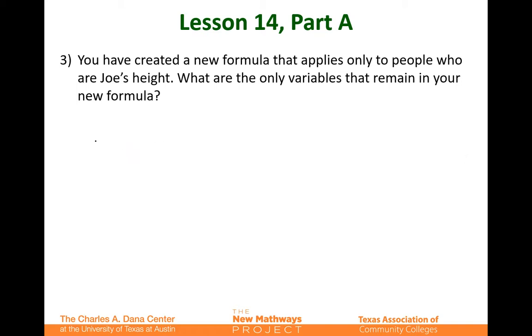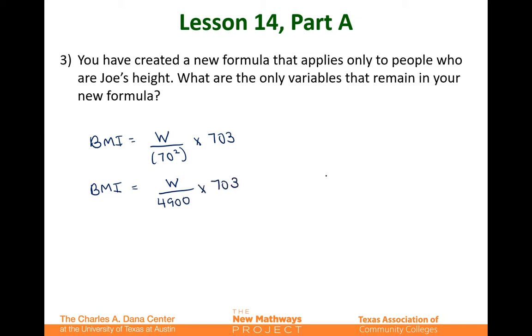So our new formula is that our BMI equals your weight over 70 squared times 703. Or we could simplify that again: it's your weight over 4,900 times 703, because 70 squared is 4,900.